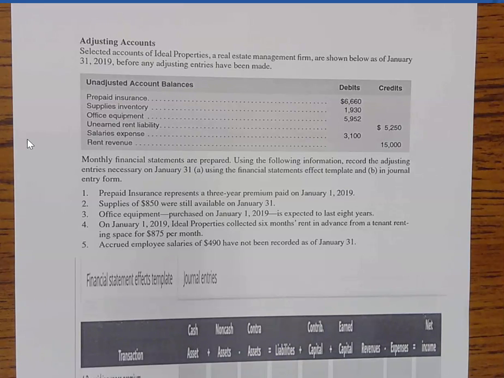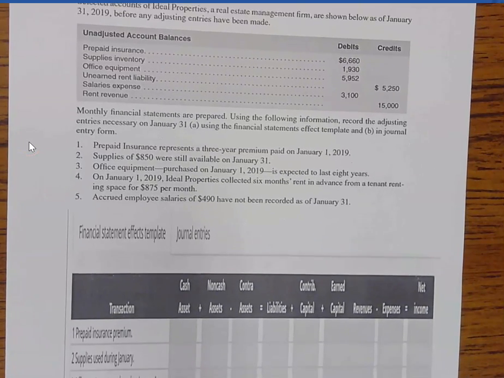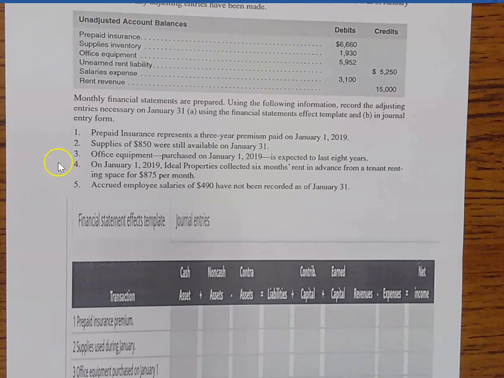Now, it looks like this is a 2-part exercise, and so one of these is going to be using what we call a financial statement effects template. This helps us understand, you may have heard me say this before, this financial statement effects template is basically a type of worksheet.